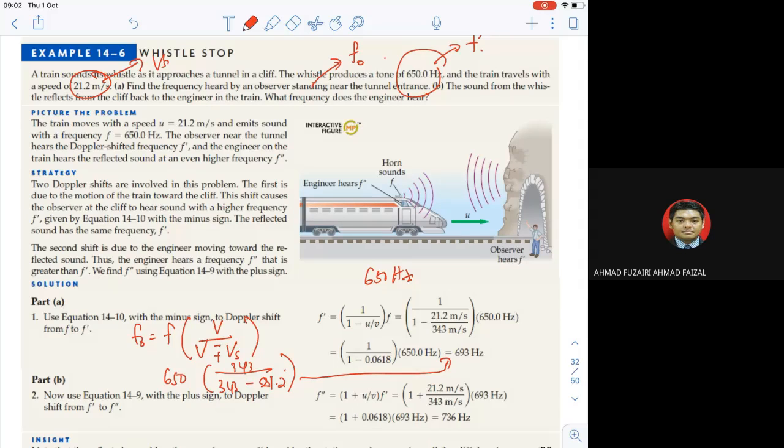Okay, what happened in part B? The sound from the whistle reflects at the cliff. So this happened when you are approaching the cliff. So you will hear the sound reflected back because of the echo. It reflects from the cliff back to the engineer in the train. So what frequency does the engineer hear?